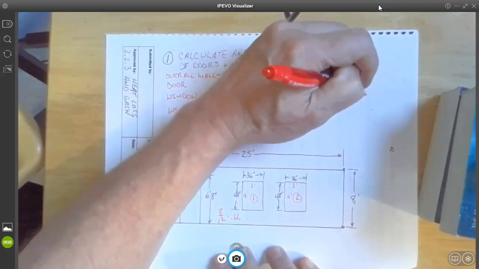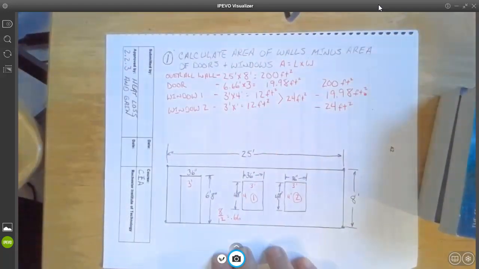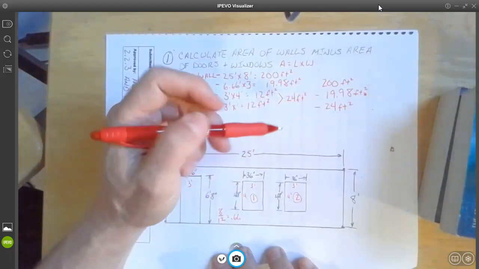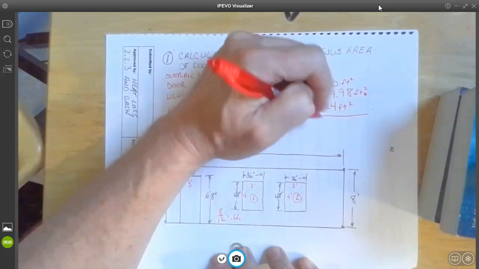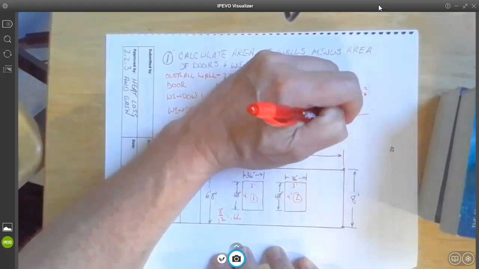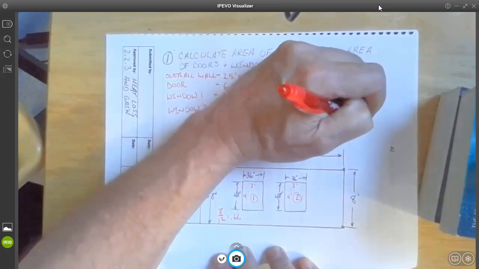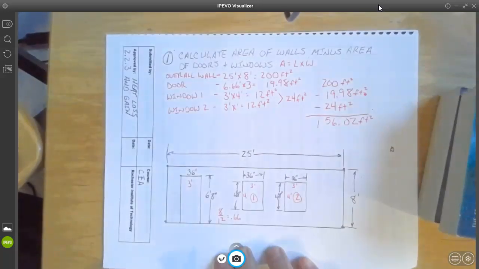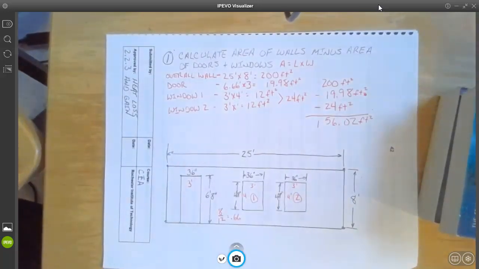I should have written that square up there. Okay. Now when I do that math, I'm going to take 200, subtract 19.98 and another 24, and I'm going to come up with 156.02 feet squared for the area of this wall. So this is the first step in calculating heat loss.